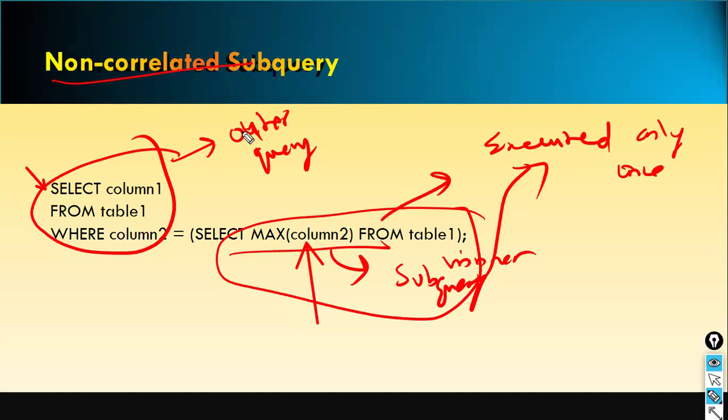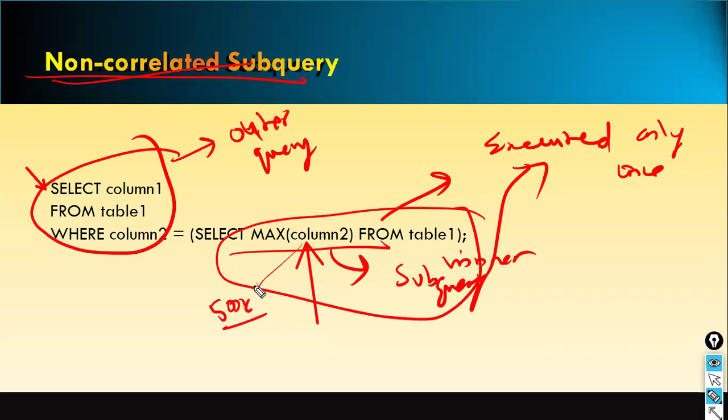The non-correlated subqueries are usually more efficient because they need to be executed only once, regardless of the number of rows in your outer query. In this case, it will find out the maximum salary of all the employees. Let's say you get something like 500K.